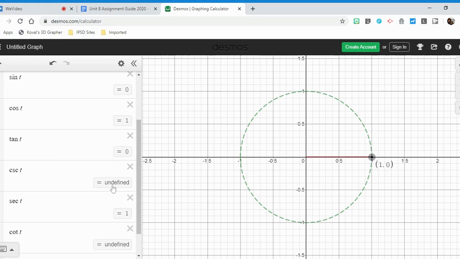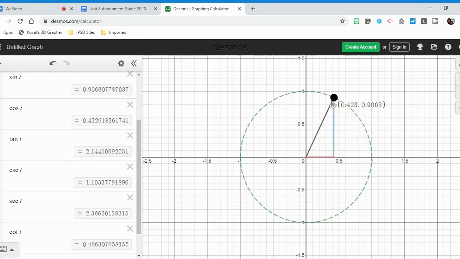So x is 0 now. Cosecant is r over y. So if I have 1 divided by 0, that's going to be undefined. And cotangent is going to be x divided by y. That's 1 over 0 also. That's also undefined. So that's kind of what happens as I get close to an axis.